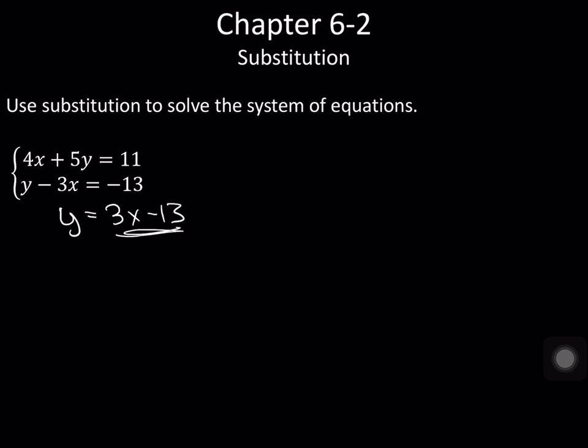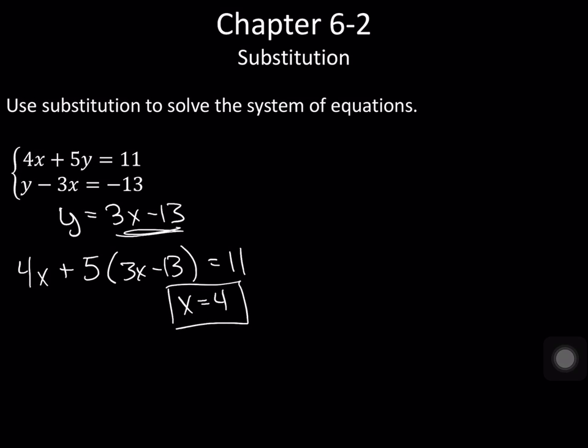And so now we know that y equals 3x minus 13. And so we'll plug in 3x minus 13 for y. And we'll solve, okay? And I'm not going to go through all the steps here, but we should get down here to x equals 4, and then plug 4 back in. We should get y equals -1, and so that would be my solution.